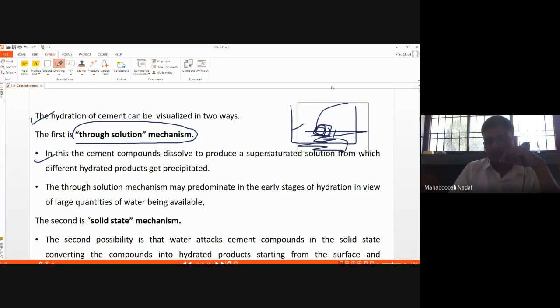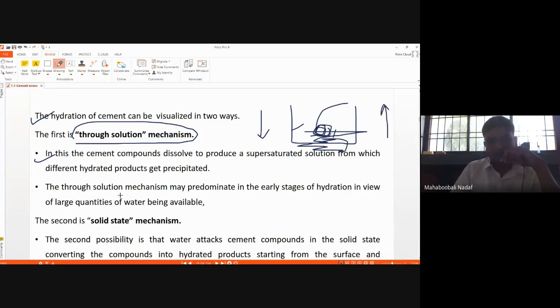Initially, water is more. As the cement interacts with water, and the gel is produced in more and more quantity, the water quantity in the bucket will start decreasing, and gel quantity will start increasing.